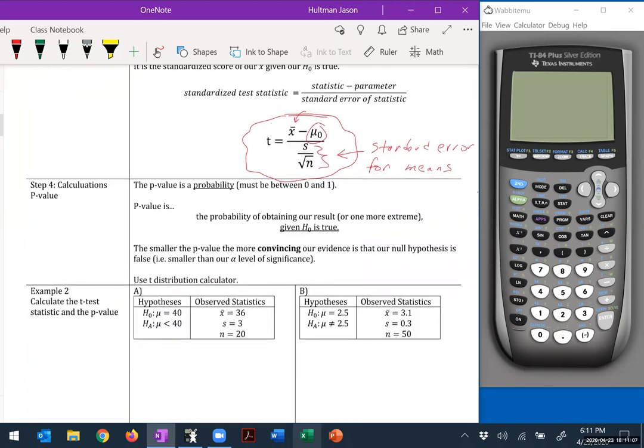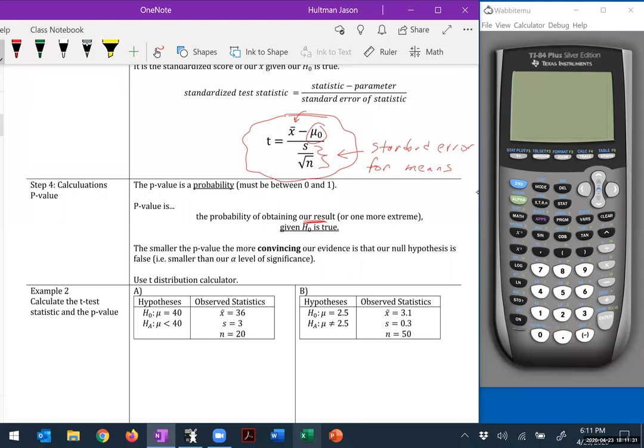Okay, step 4. The p-value is a probability, so it must be between 0 and 1. The p-value is the probability of obtaining our result, or one more extreme, given that H0 is true.